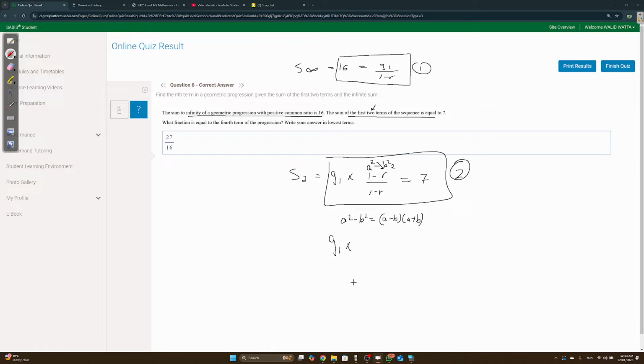This 1 minus r squared, I can turn it into (1 minus r)(1 plus r), over 1 minus r, is equal to 7. Now can I cancel? Yes. So what's left over? 1 plus r is left over. If you did the wrong thing by doing 1 minus r, 1 minus r, you'd have 1 minus r left over, and that's completely wrong. So we're left with this.